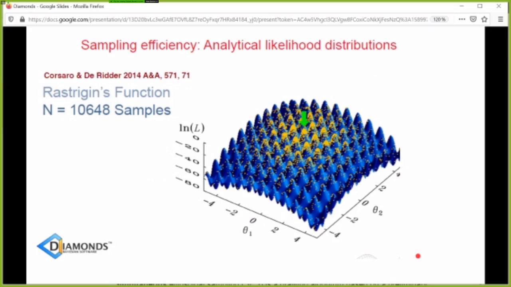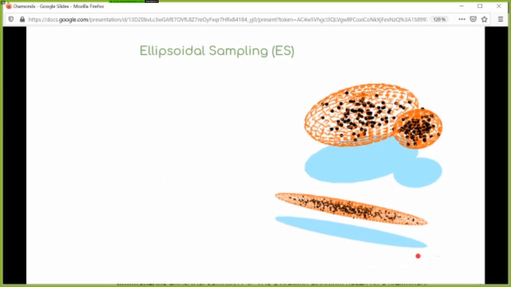So why is that? Well, a part of the answer lies in the way the parameter space is sampled, and it's sampled thanks to the simultaneous ellipsoidal sampling. So the ellipsoidal sampler is based on the cluster algorithm.